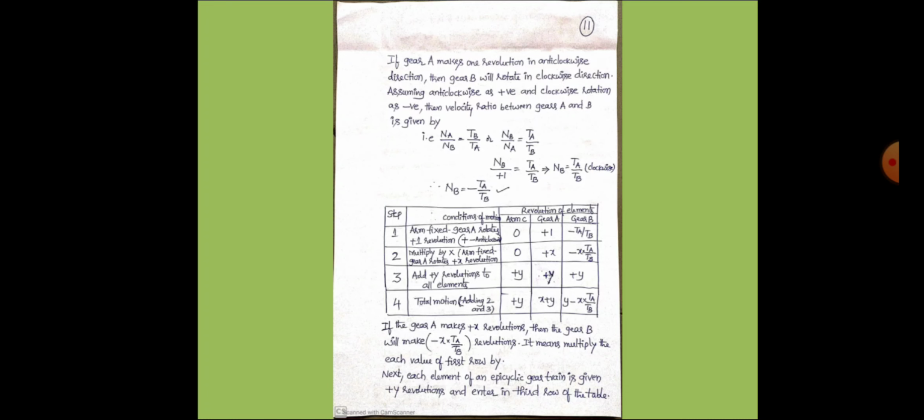Next, step 2. What should I do now? I should multiply all the speeds by x. Simply multiply by x. Same condition, arm is fixed. Now instead of gear A being rotated by +1 revolution, gear A should be rotated by +x revolutions.